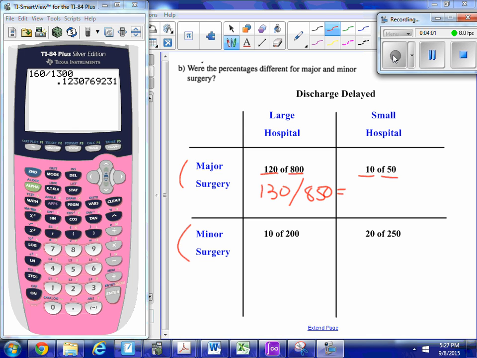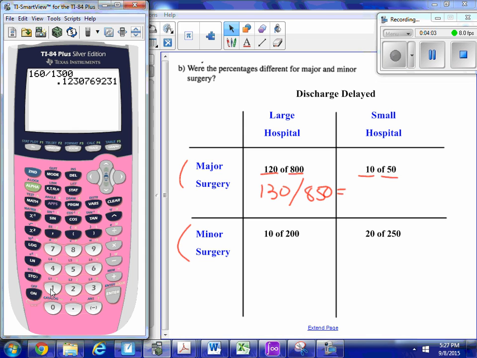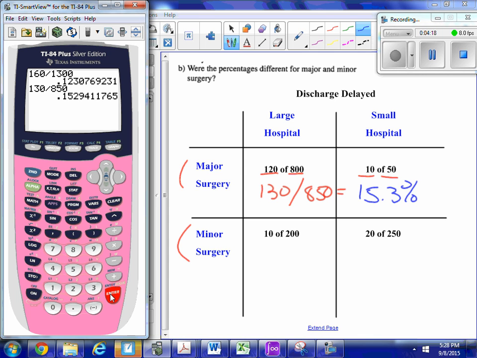So, as a percentage, that equals 130 divided by 850. That equals, let's call it 15.3%.